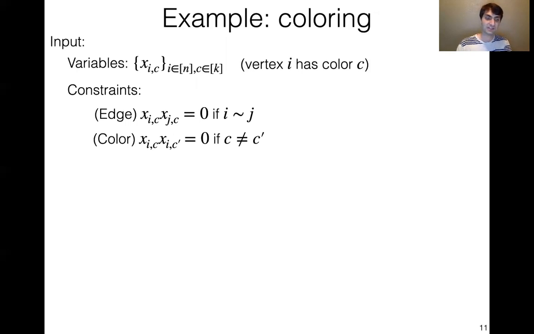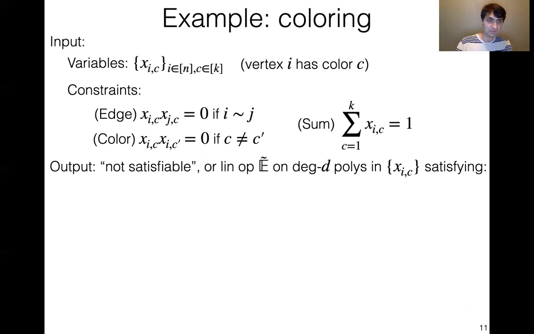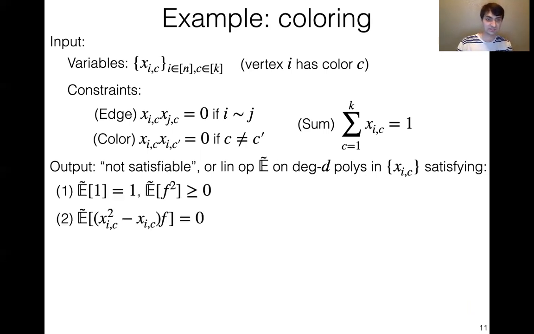Then we also want to say that i cannot receive both colors c and c prime at the same time. And finally, we want to say that vertex i receives exactly one color, which means that the sum over all colors of x_{i,c} should be exactly 1. And the output is either not satisfiable, or else a pseudo expectation on degree d polynomials satisfying the following constraints.